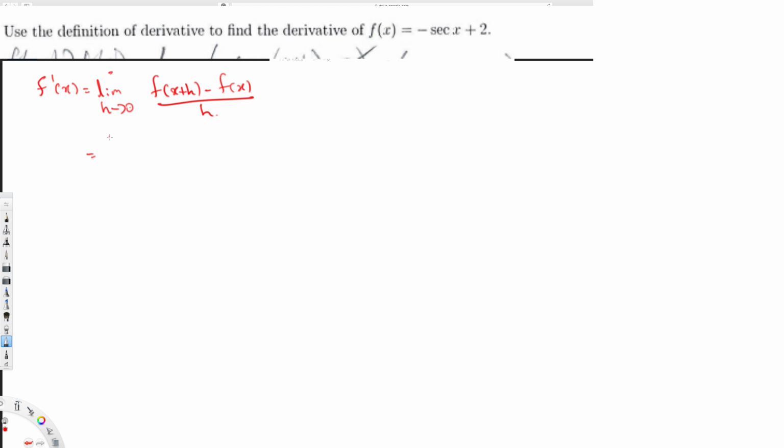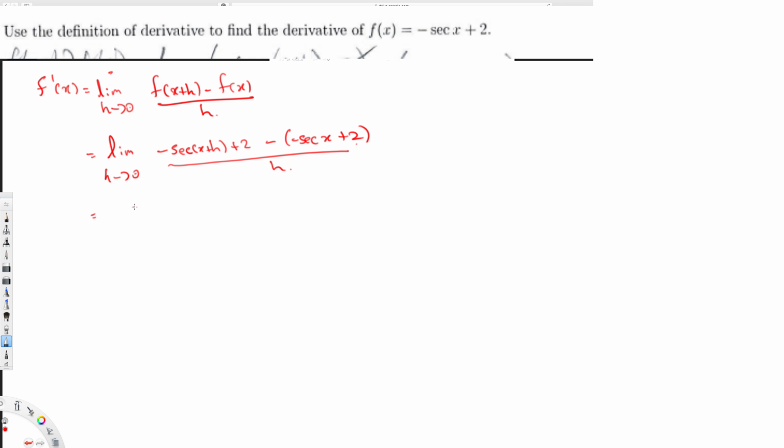Now I have to substitute this x plus h, so it's going to be minus sec of x plus h, plus 2, minus, minus sec x plus 2, over h.